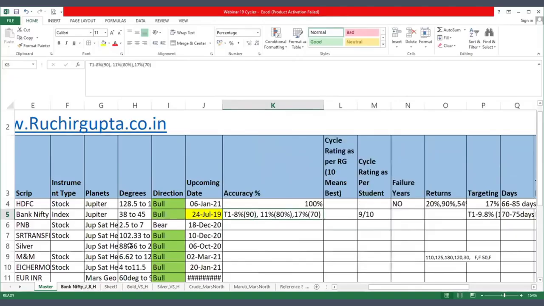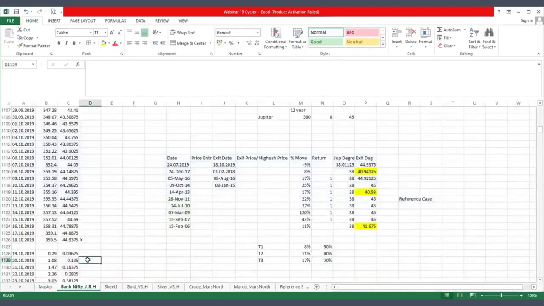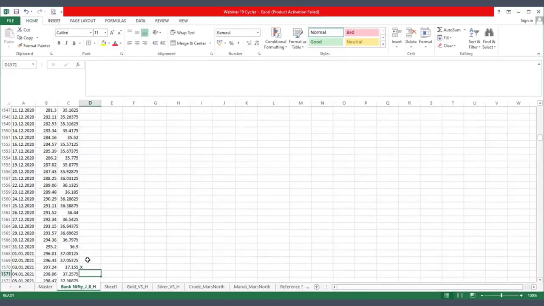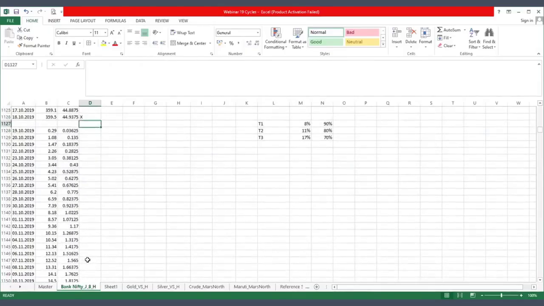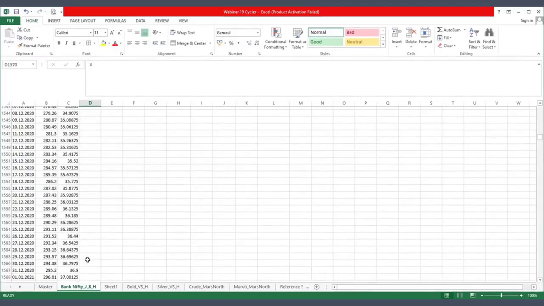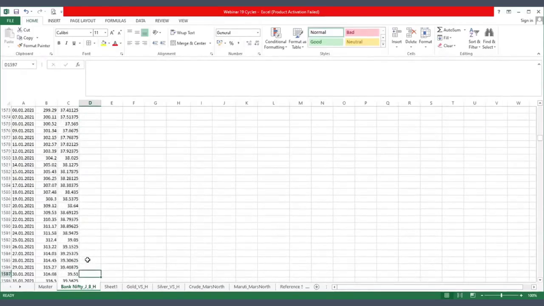when this cycle is coming next. So 38, let's see, where is 38? So this is 38. Now 13th January 2021, we need to note this date.